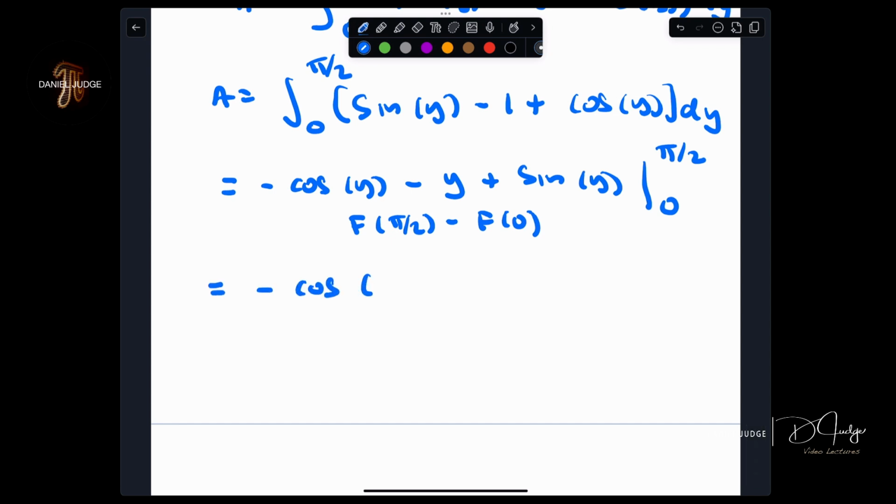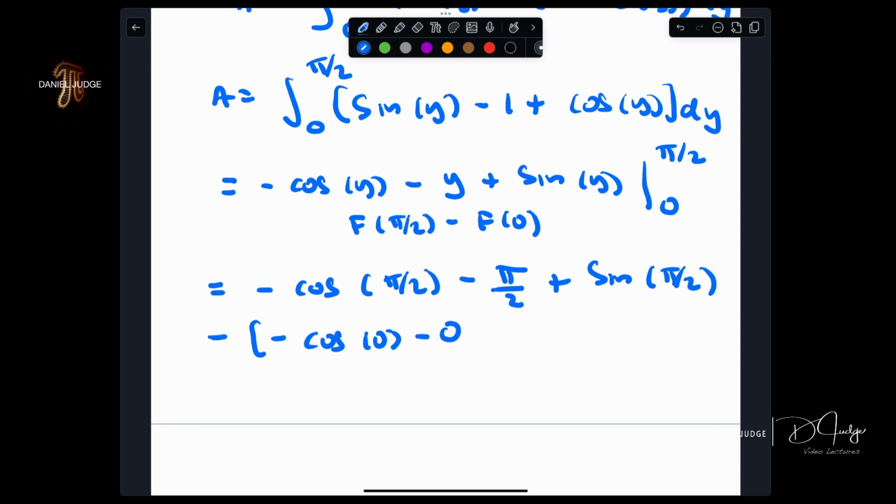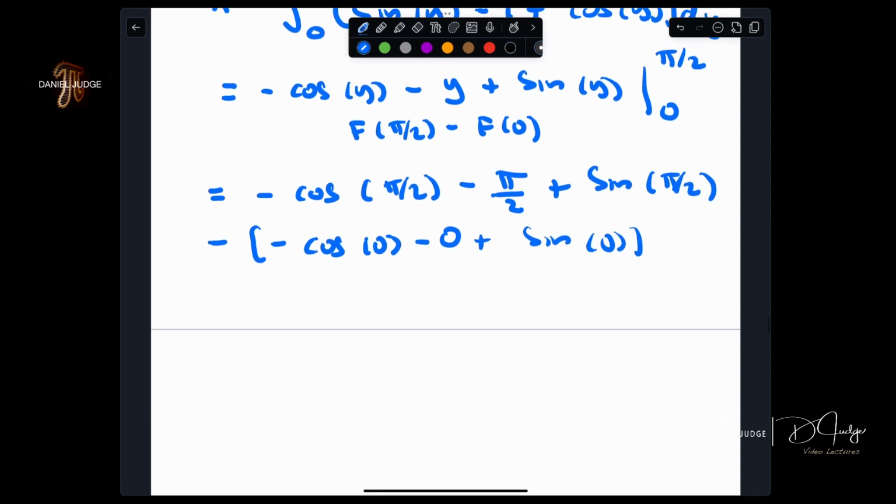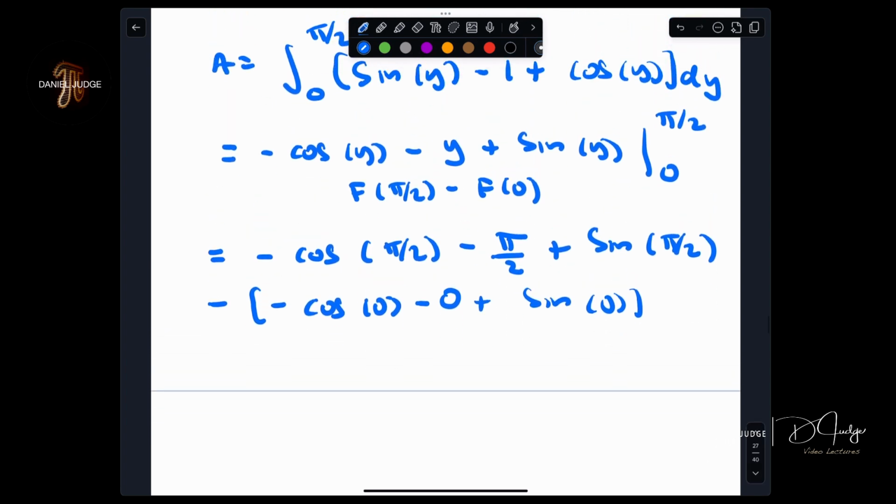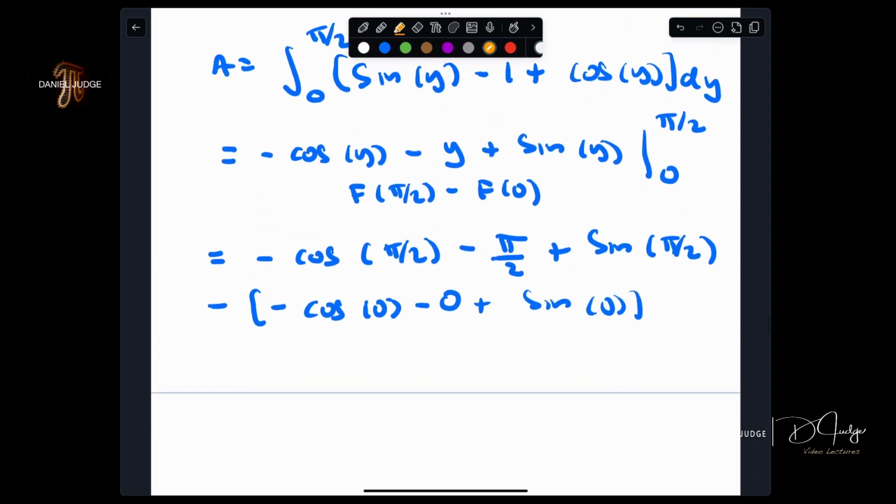Minus cosine pi over 2 minus pi over 2 plus sine of pi over 2, minus a negative cosine of 0 minus 0 plus sine of 0. So let's just double check, because it's pretty simple to make that kind of mistake. I mean, this is kind of reminding people.